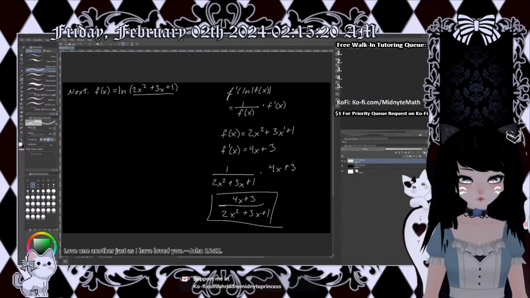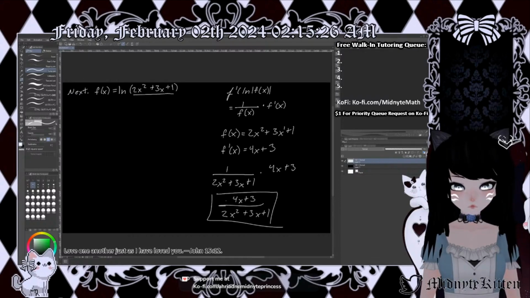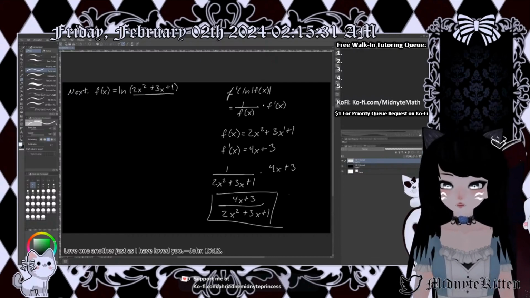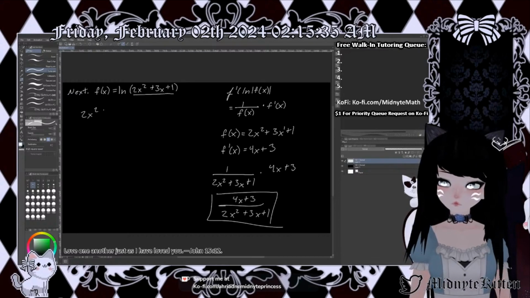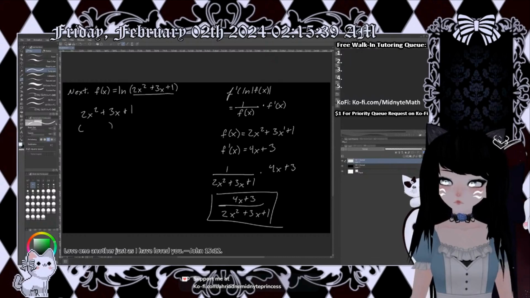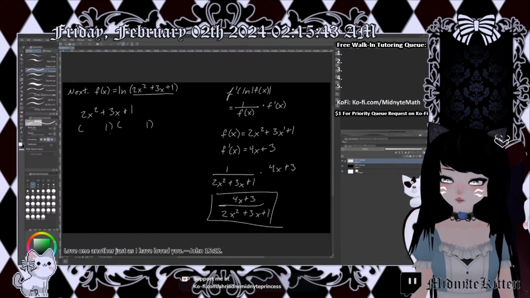I doubt this is factorable. Right, though, just to make sure. So in order to get 1, we need 1s.